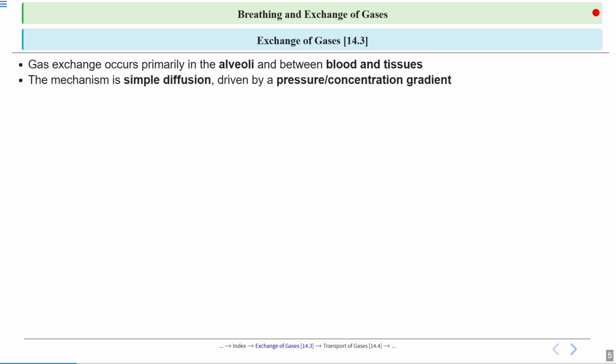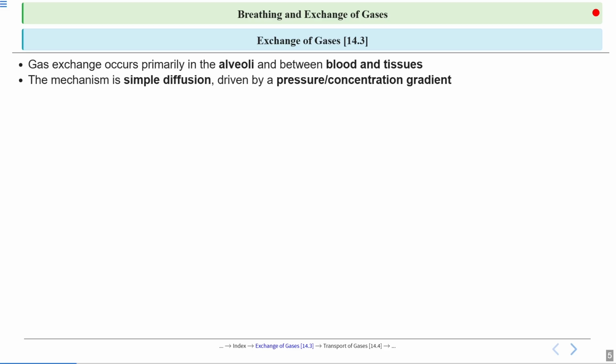The mechanism is simple diffusion. We have already said that there is gas exchange in the alveoli region and at the region of the tissue. But what is the mechanism behind that? By which mechanism does the exchange of gases take place? Simple diffusion.